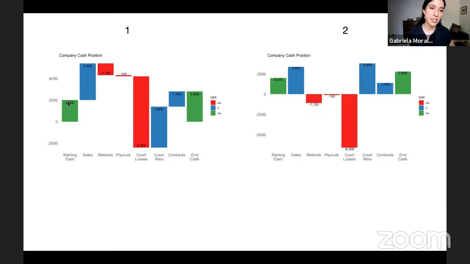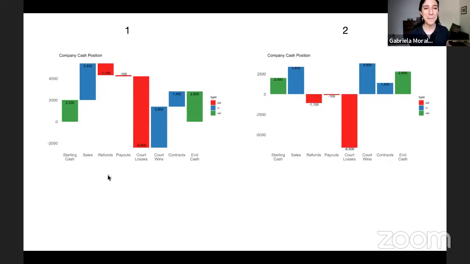So you can see you started here, and when you add 3,400 more, you're up here. You lost some, so you end up here. You lost some more, so you end up here. It takes you along the way all the way to the end, to see how much you have at the end. So number 1 works with the 0 axis mark.